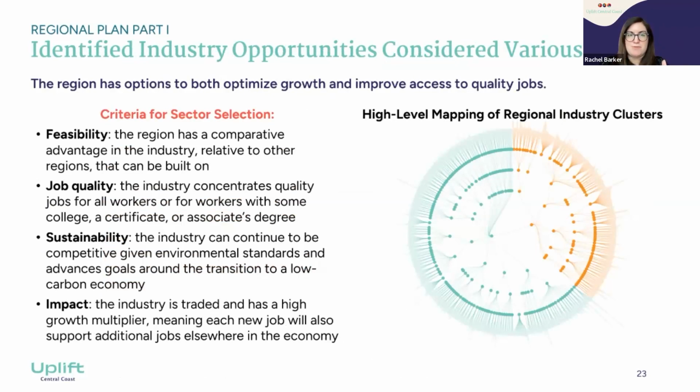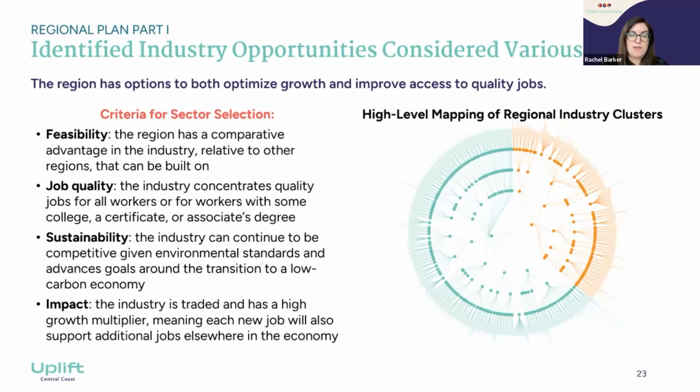We're not expecting you to be able to interpret this graph, but just take it as a sign of how complex the analysis was, to pinpoint the best bets for the region to achieve quality job growth. In order to meet our criteria, these industries had to check a number of boxes. They had to have a strong presence in this region relative to competing regions, to have something to build on and have the guarantee of enduring growth.